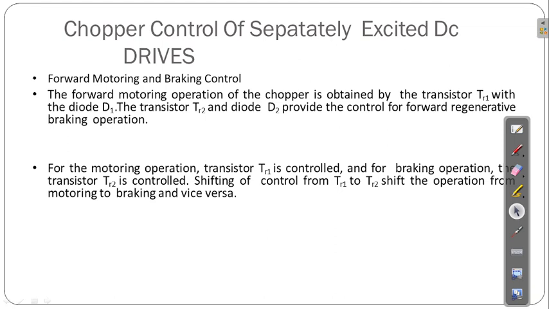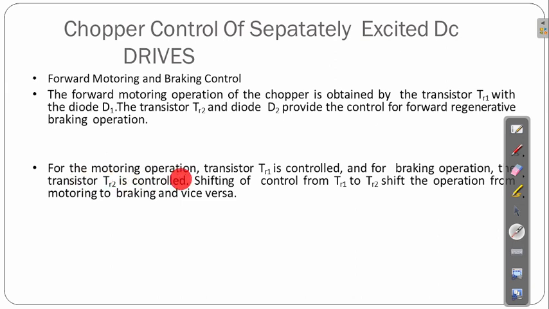See, there's a forward motoring and braking. In that forward motoring, operations of the chopper is obtained by the transistor TR1 with the diode D1. The transistor TR2 and the diode D2 provide the control for regenerating braking operations.